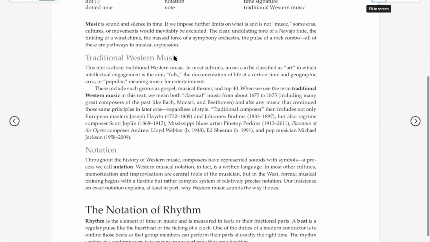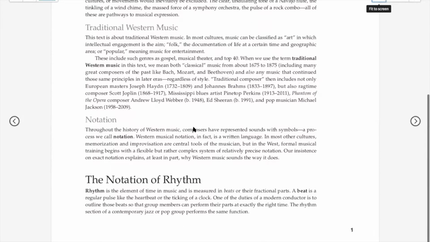And it talks also about how the things we talked about in this class are pretty much what's called traditional Western music. That means of the Western tradition that came out of Europe and to America and to the colonies, really. There are certainly other musical traditions that are very important, but everything, like they say here, Bach, Mozart, Beethoven, Brahms, Robert Johnson, Pine Top Perkins, the Rolling Stones, Broadway, country, jazz, it's all part of the Western tradition of music.